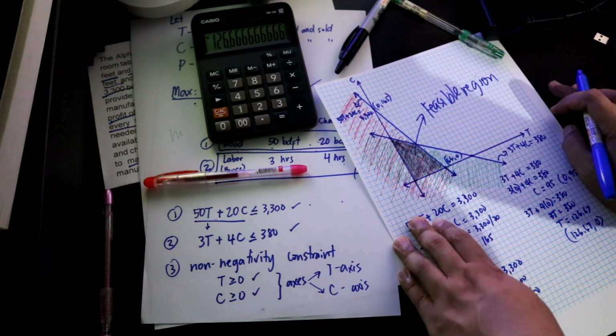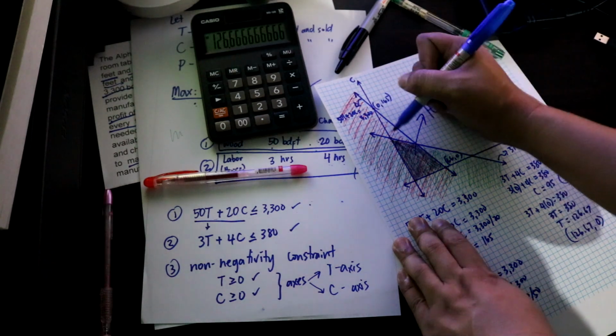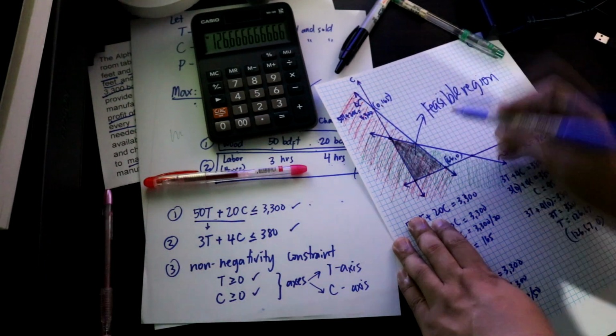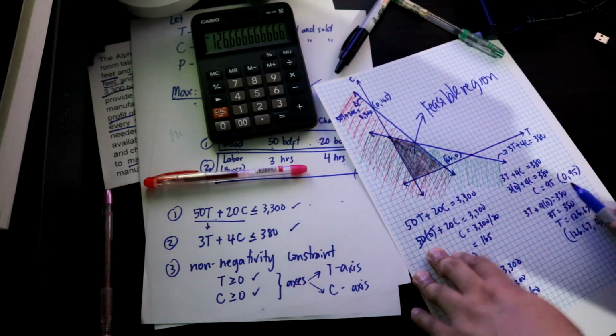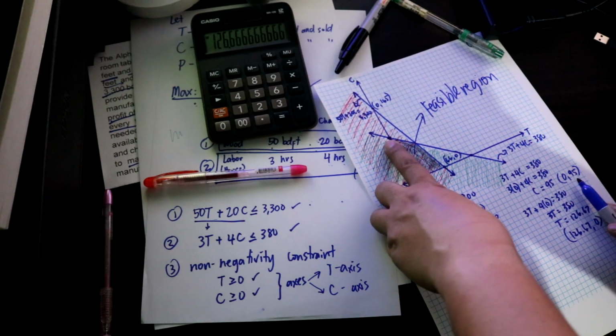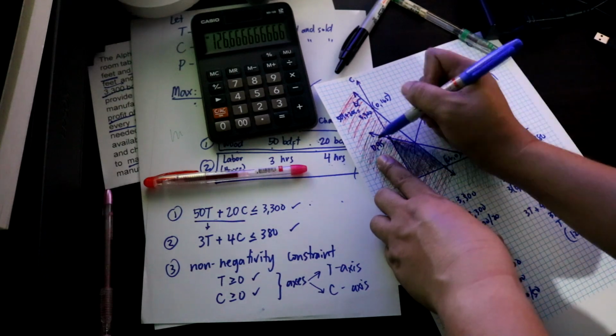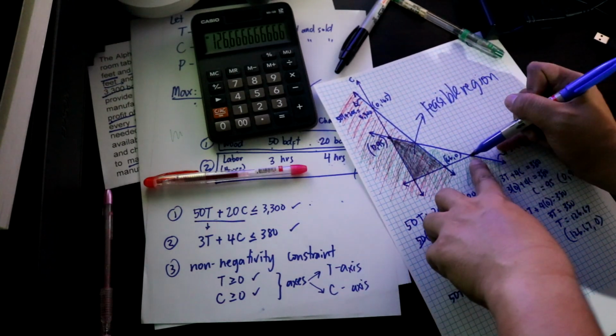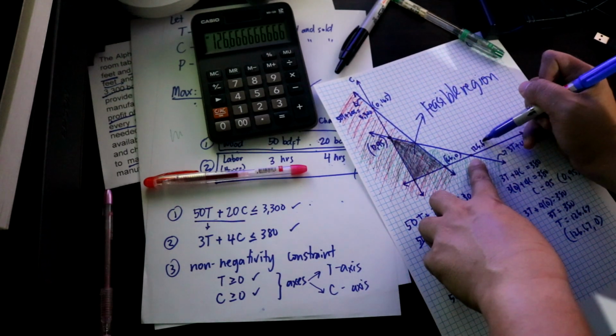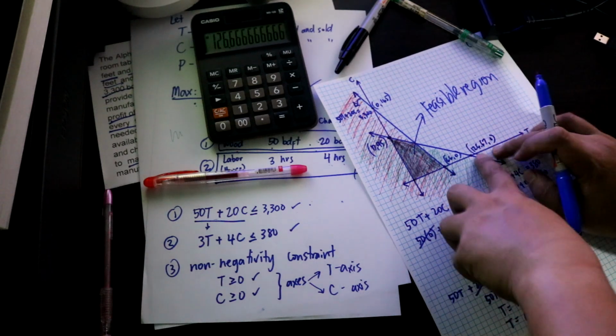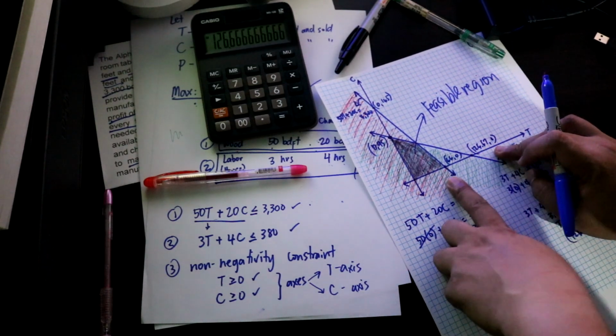And the feasible region is bounded by these points. By the way, this is from the second line. This is 0, 95, and this is 126.67, 0, but this point is outside of the feasible region.